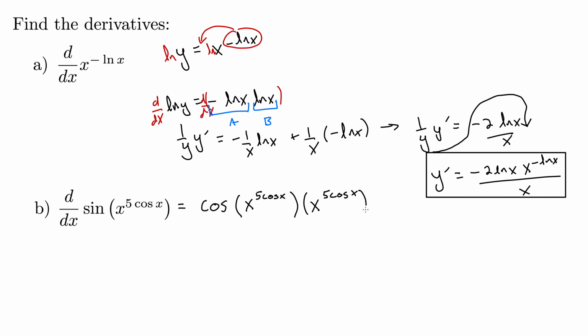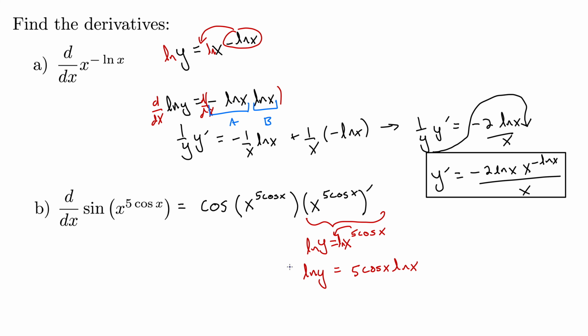So I'm going to use logarithmic differentiation again here. y equals x to the 5 cos x. All right. Take the natural log of both sides, of course. Down comes this exponent, so that gives us natural log of y equals 5 cos x natural log x.